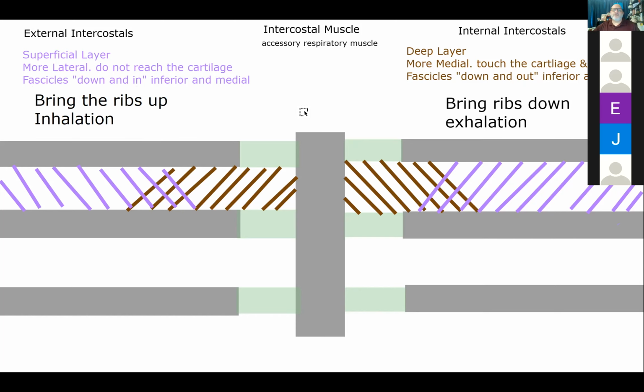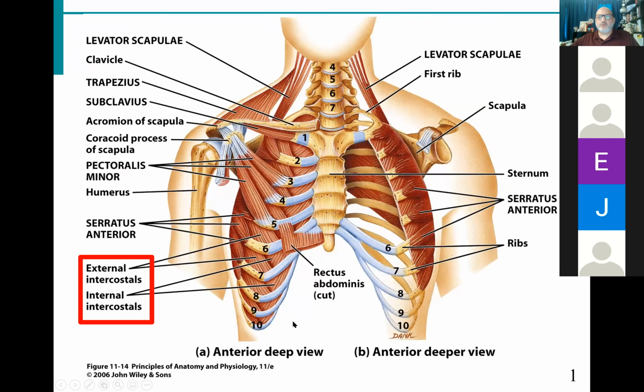Now, of course, we've done this simple illustration to look at this, but when we look at the pictures, we see the exact same thing. Notice superficial, lateral, and fascicles coming down and in.